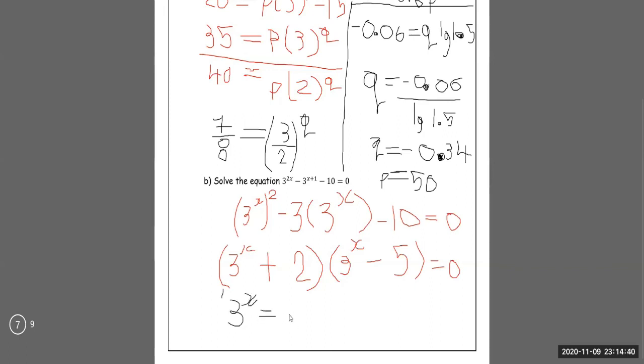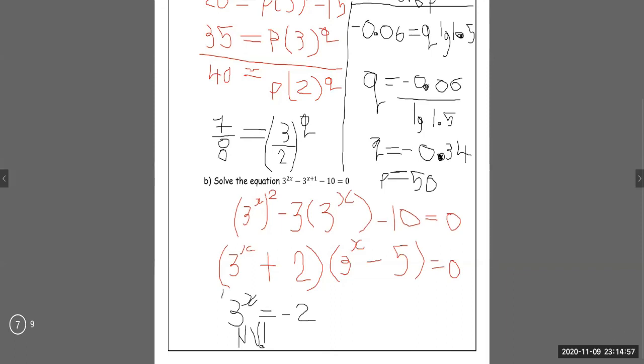Yes, sir. Because 3 to the x equal negative 2 doesn't make sense. So we're going to write not valid, NV. How can this happen? That can never happen.